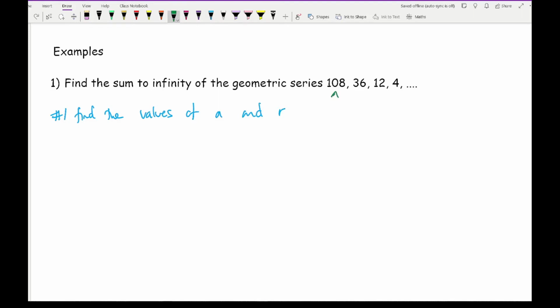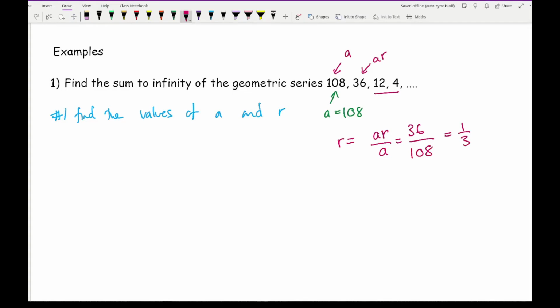So here my a is 108, and this value here is going to be ar. To work out r, that's ar over a, which is 36 over 108, and if I simplify that, I get r equals a third.